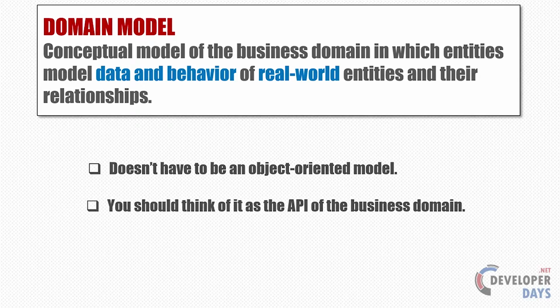And more importantly, when you plan to have a domain model, whether it is functional or object-oriented, you should think of it as the public API of your business domain. So in other words, there are Murphy's laws, right?